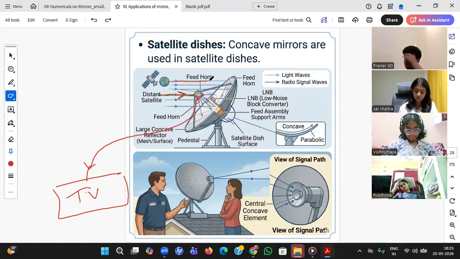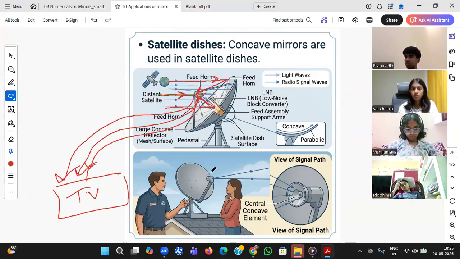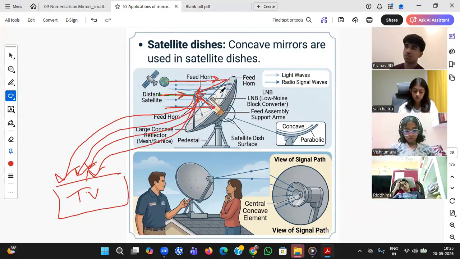Any ray that is hitting this particular concave mirror, coming parallelly, after reflection would go to focus. So initially there was one signal coming, now there will be 30 signals coming. Obviously, you will be getting the best clarity image in your TV. This is how these concave reflectors are helpful for satellite dishes also.